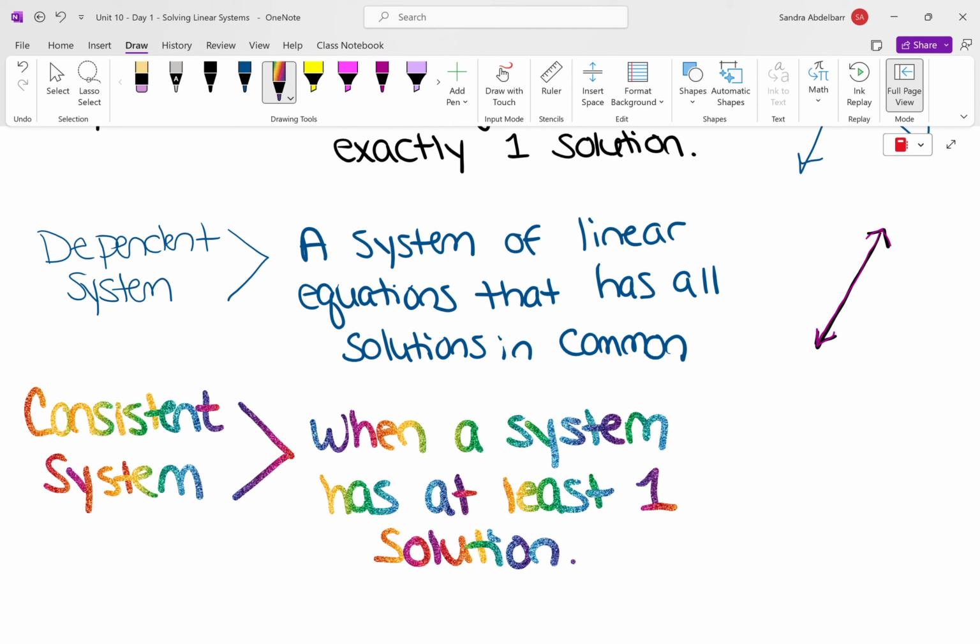What do I mean when I say at least one solution? Lexi? They have one solution or more. Good. At least one solution means one solution or more than one solution. But really, what are our options? Either one solution or all solutions. Those are our two options here. So it could look like this, where it's just one solution, or where the lines are overlapping.